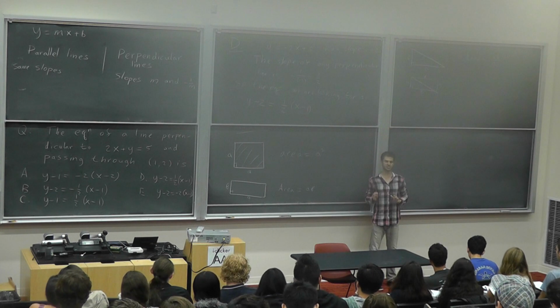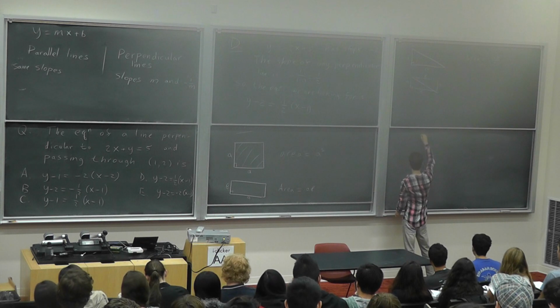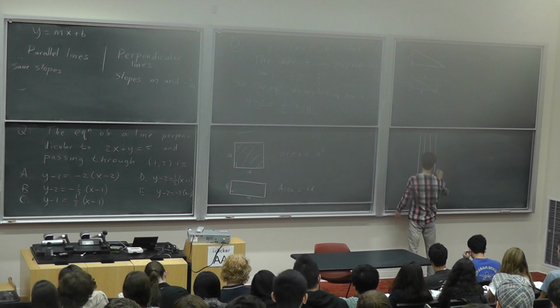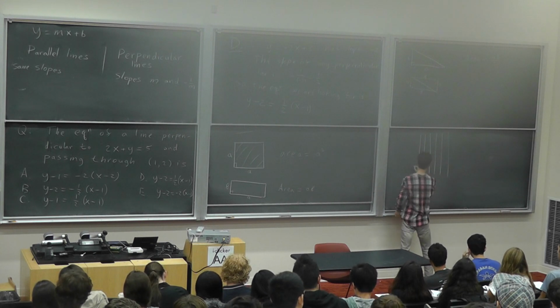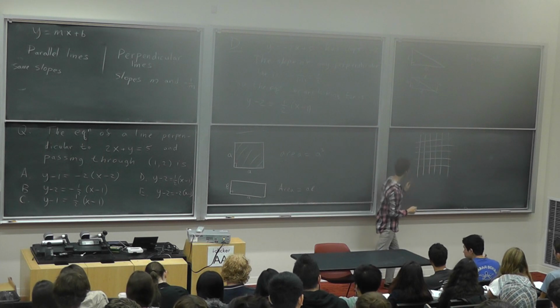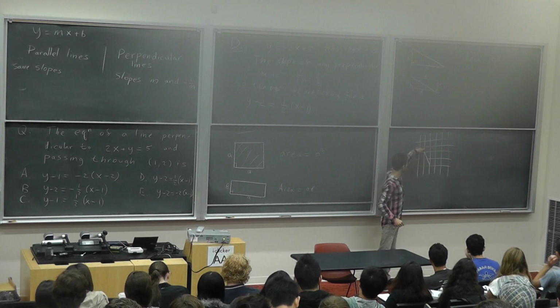Now I want to discuss a slightly harder question. I'll draw for you a kind of graph paper. And on this paper I'll draw a square. So first side is like this.